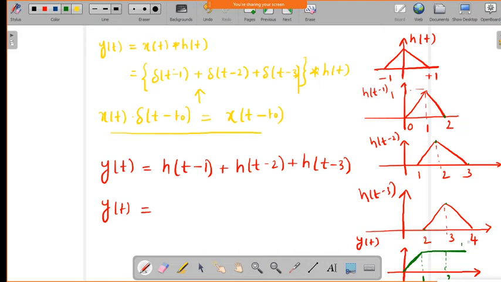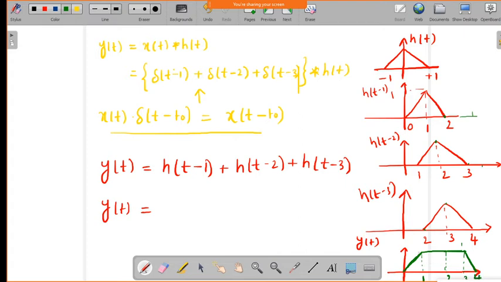Okay. So now between 3 to 4, there is no sample here and the signal is not there here, 0 and here is 0. Between 3 to 4 there is a decaying ramp. So this is 3 and this is 4.